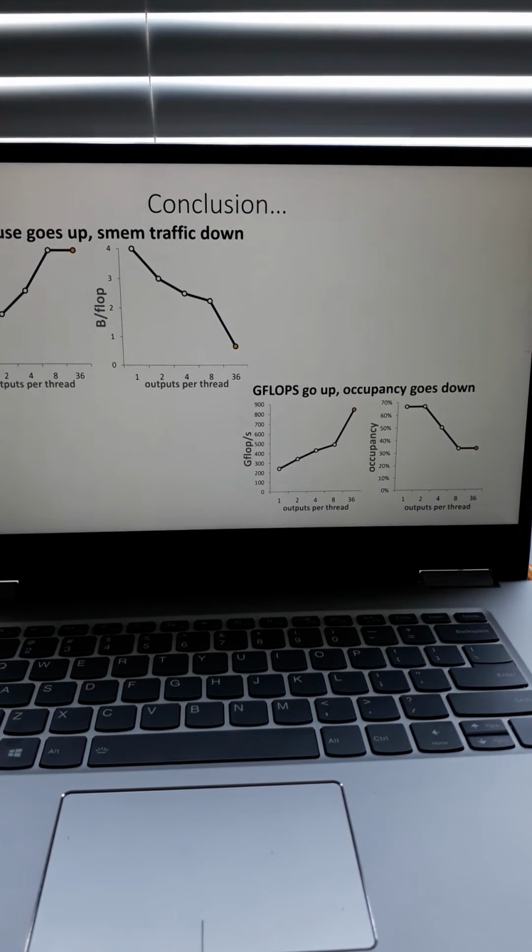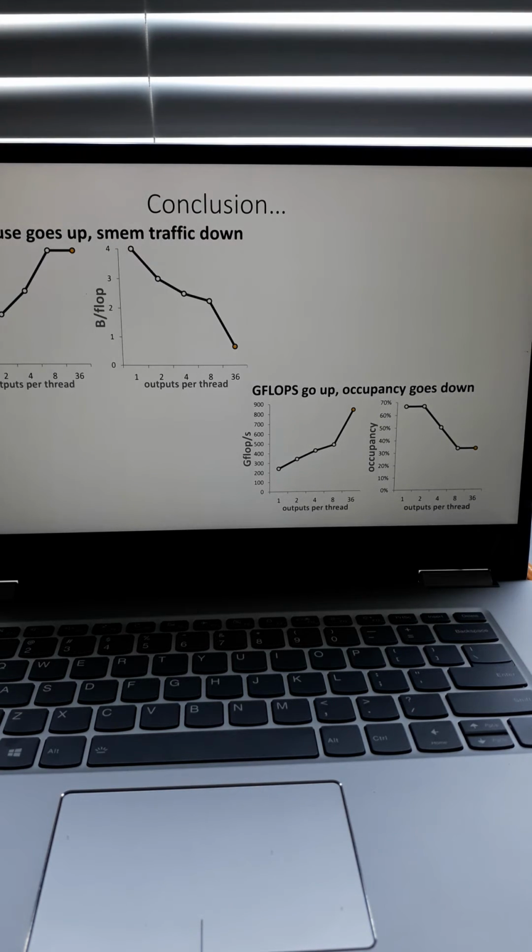This can go on. If we increase the number of outputs per thread from 4 to 8, then to 12, to 16, the performance can go on and on. But how far can we go in this case? Over here the maximum limit is 36.